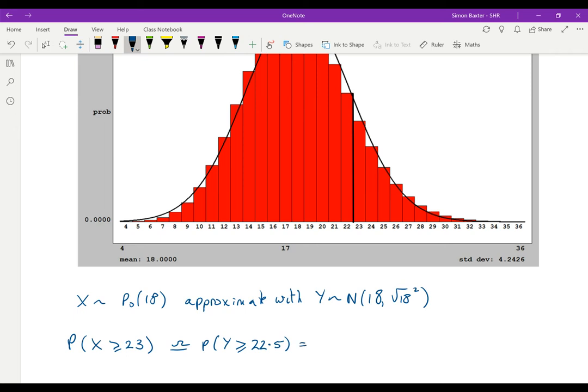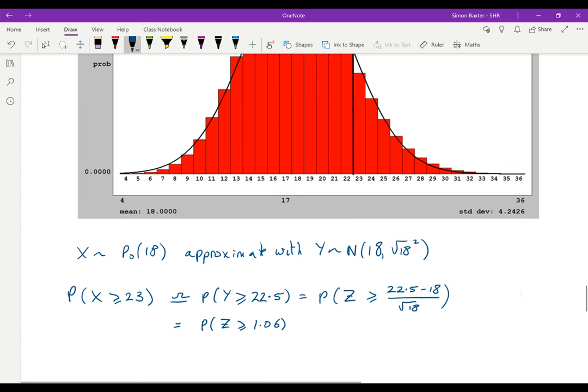This is equal to the probability that Z is greater than or equal to 22.5 minus the mean, which is 18, divided by the standard deviation, which is root 18, which gives us the probability that Z is bigger than or equal to 1.06.